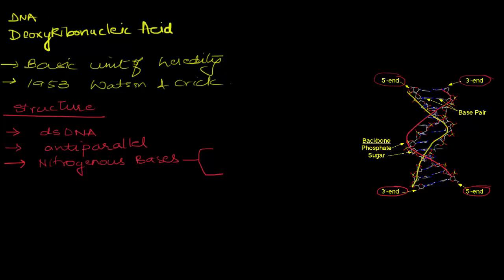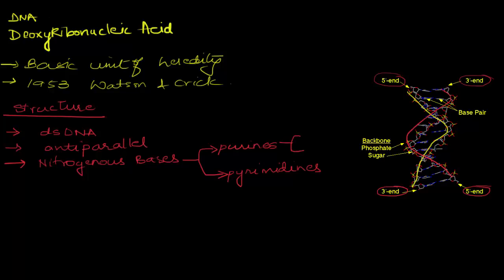Let me explain this in a better way. These nitrogenous bases are classified into two categories, where the very first one is purines, and the other one is pyrimidines.